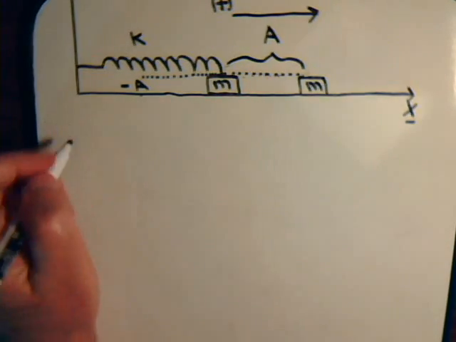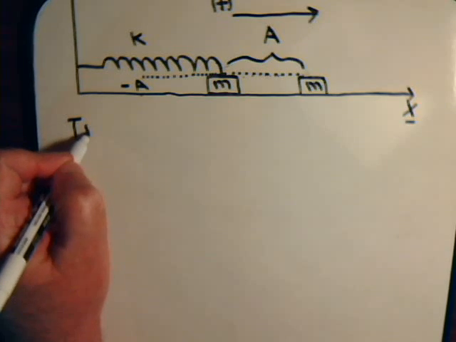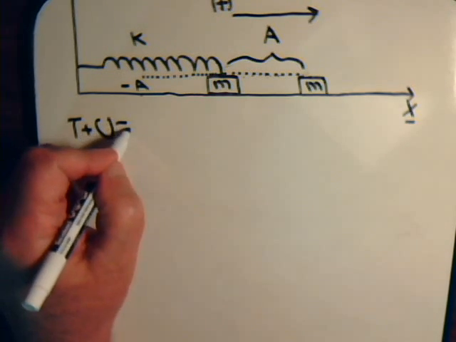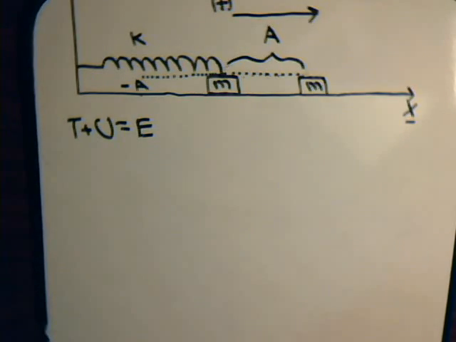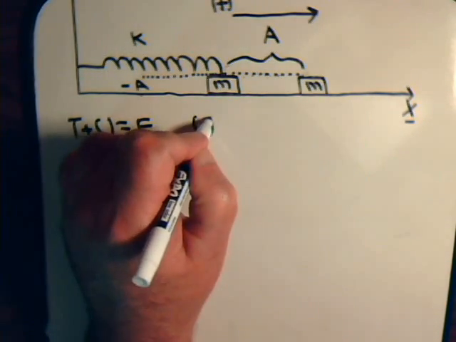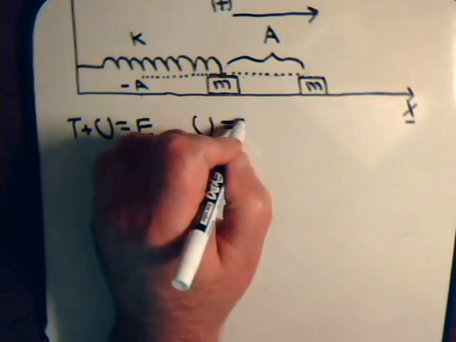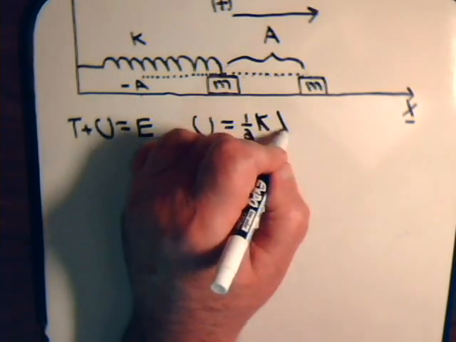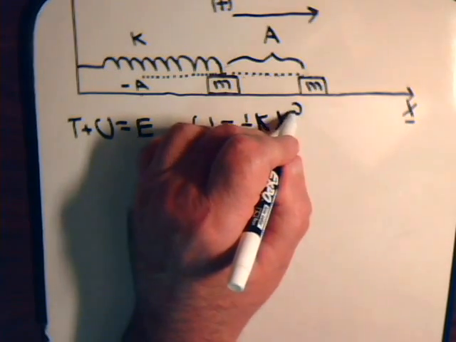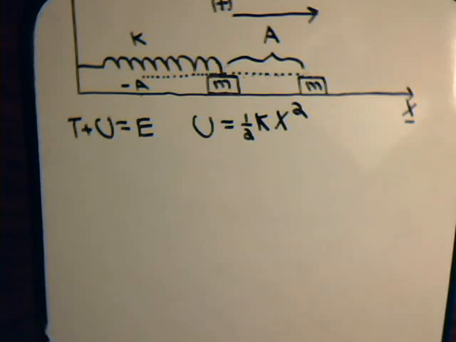So we have T plus U equals E, which is a constant, and we also have that U, the potential energy, equals 1/2 kx squared.